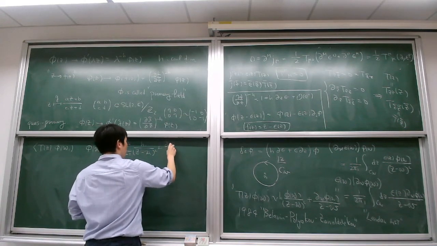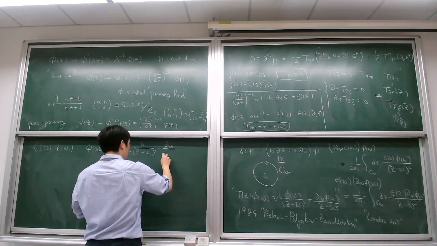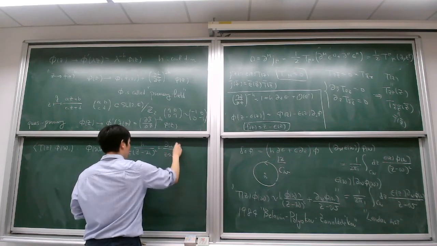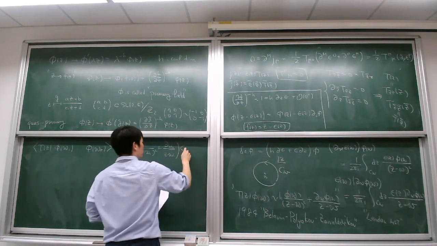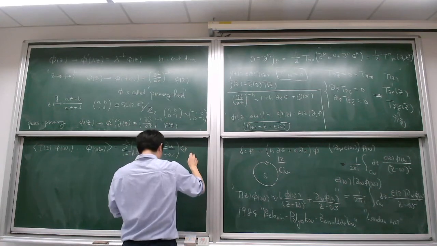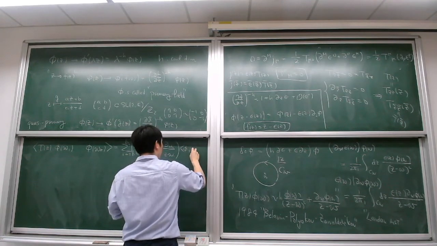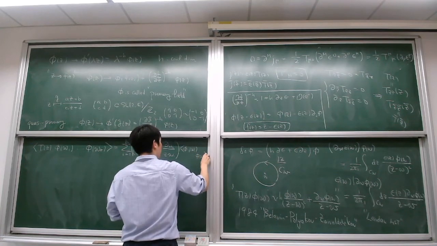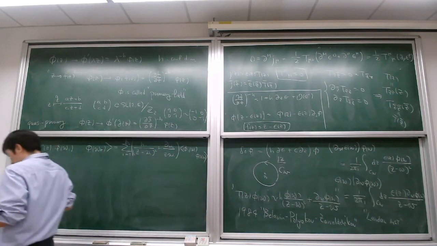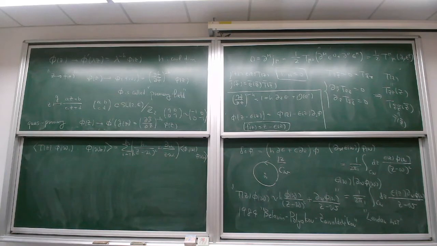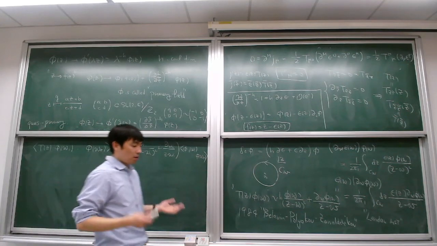So you get this acting on this correlation function. Okay, so this is the power of conformal symmetry.